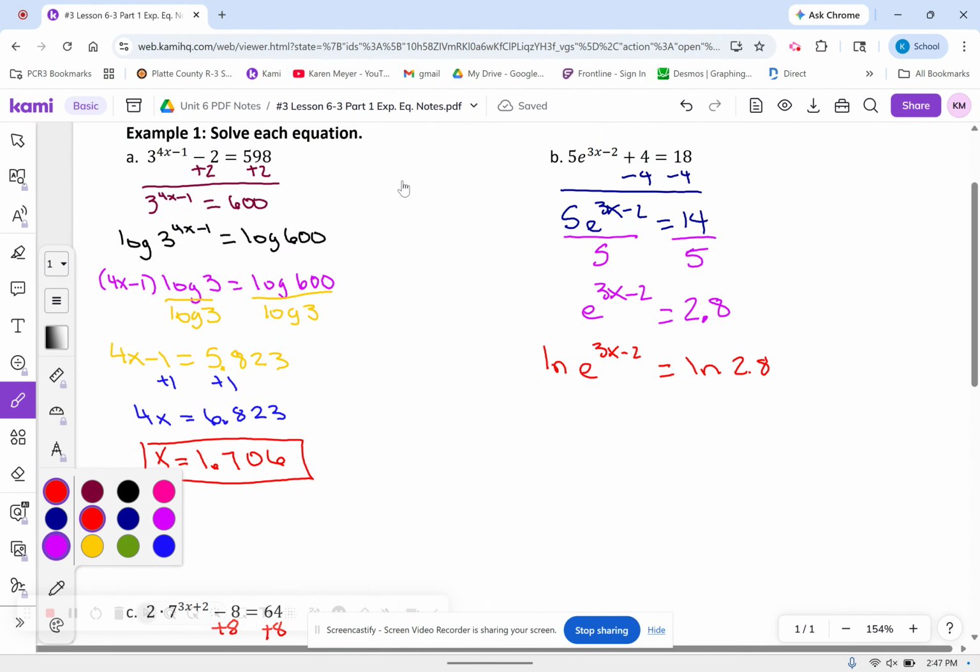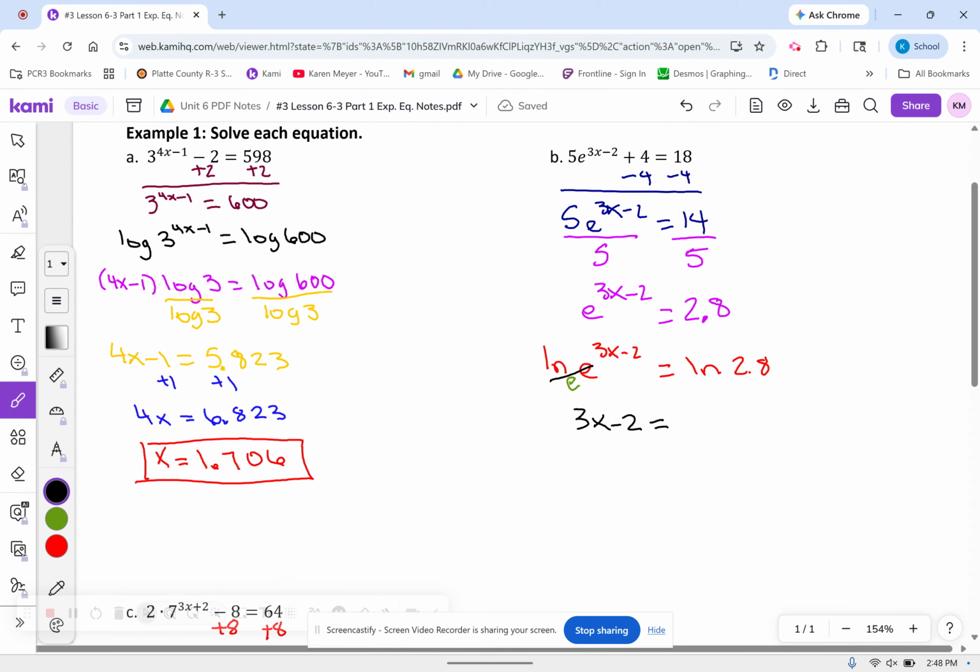And remember, the base of ln is always the letter e. We know that if the base and the term right next to it were the same, they cancel each other out. So then we have 3x minus 2 on the left, because the ln and the e make each other disappear.